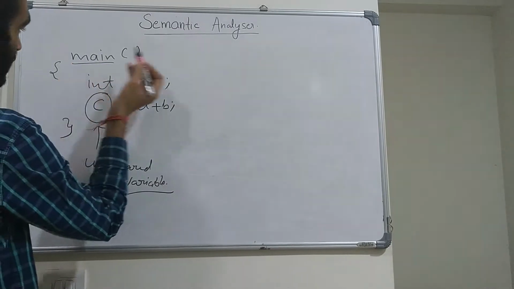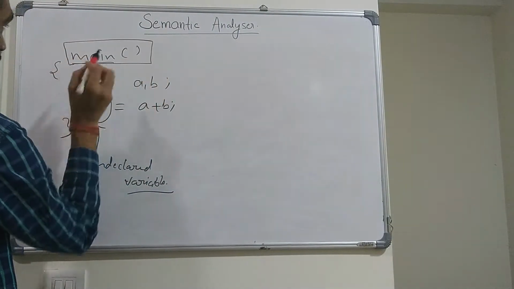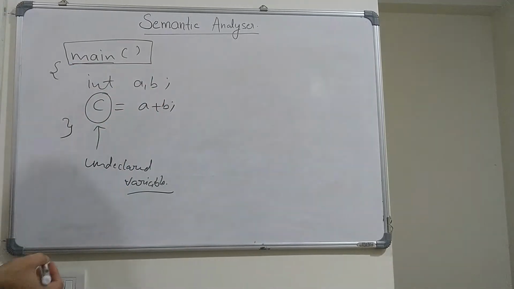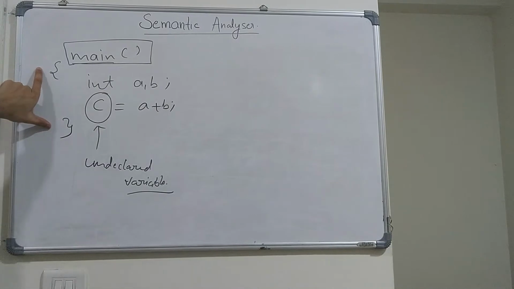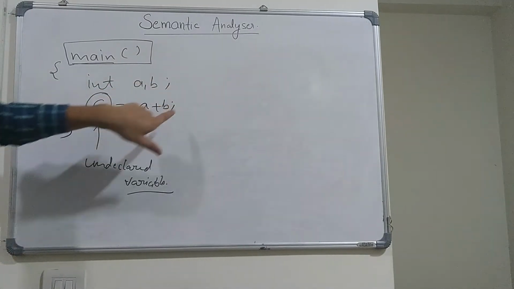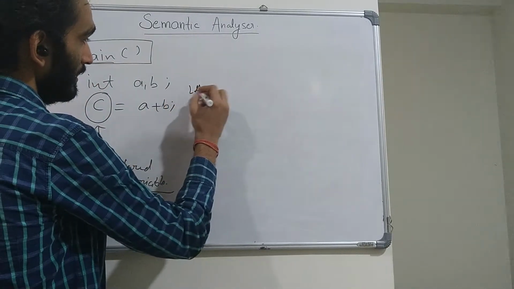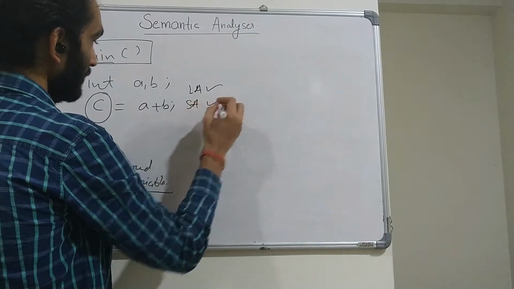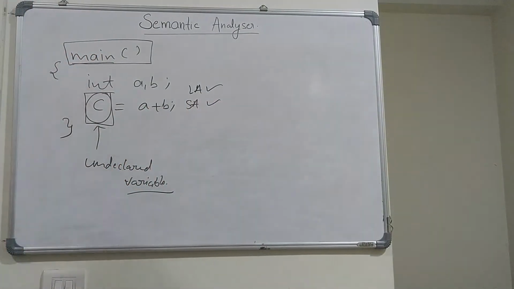Here main is lexically correct. This whole sentence, main followed by opening and closing bracket, is syntactically correct. These opening and closing brackets are verifying the syntax of the main program, right? Int a comma b followed by a semicolon: you can clearly see it is verified lexically and syntactically, but here c is not declared, right? So that's why it is going to generate a semantic error.